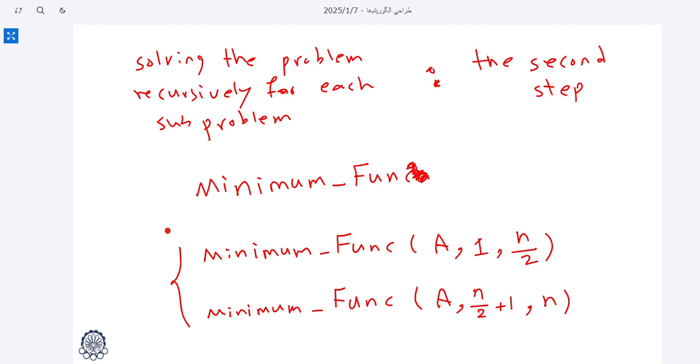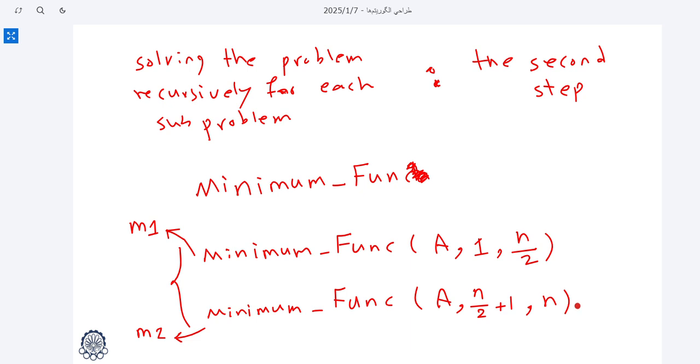Suppose we store the solution of the first subproblem in variable m1, and the solution of the second problem in variable m2. So variable m1 is the minimum of the first part. Variable m2 is the minimum of the second part.